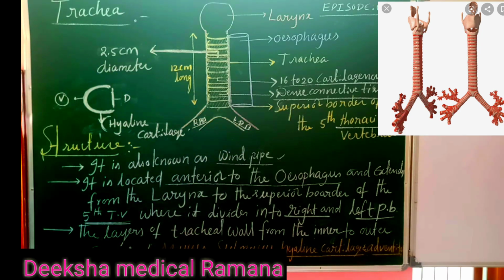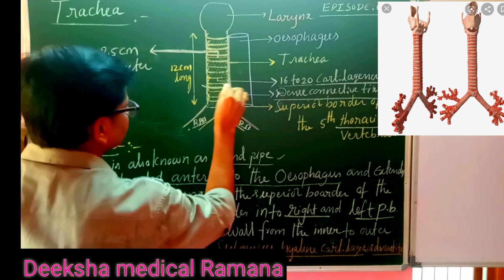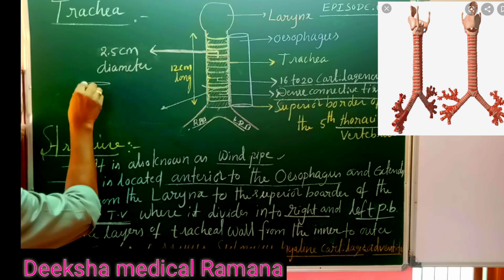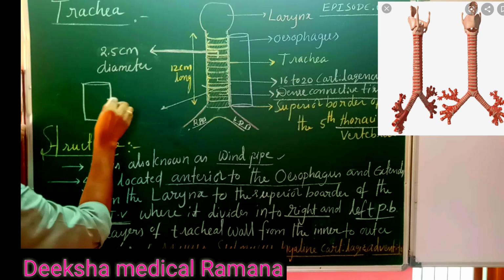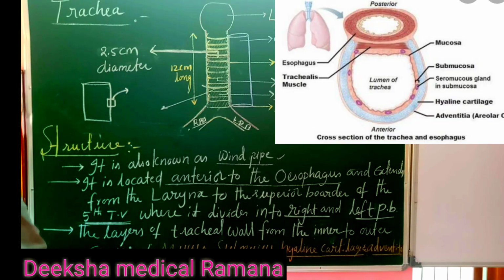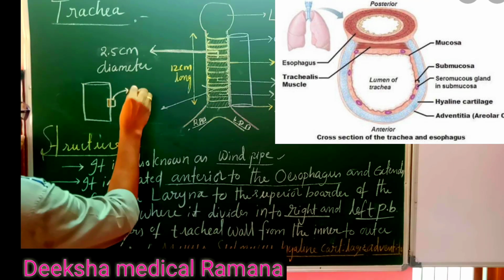Next, the layers of the tracheal wall, from inner to outer, by cross section. For example, this is the trachea. If you cross section it, what structures are present from the internal to the external?